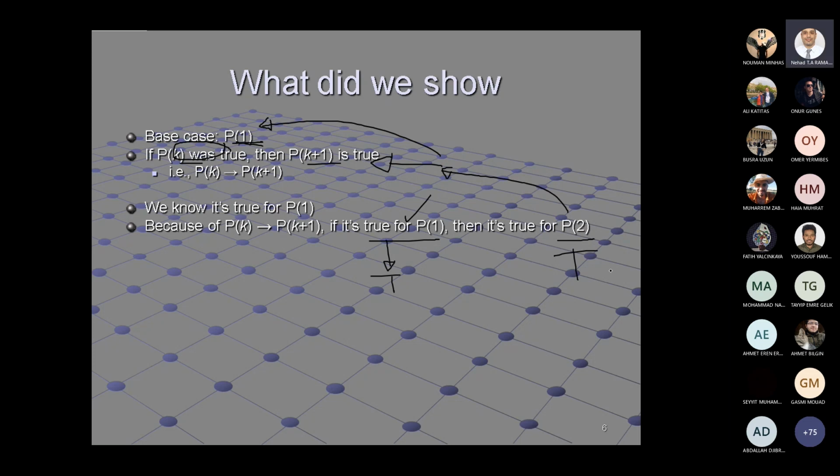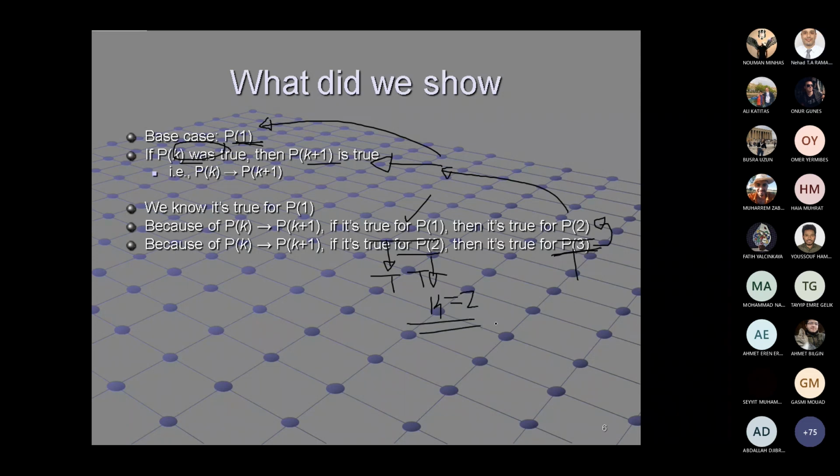Now take the next step. For P2, it's true. We get it from here. So it's true for P3 because when we take k equal 2, k plus 1 is 3, it's true.